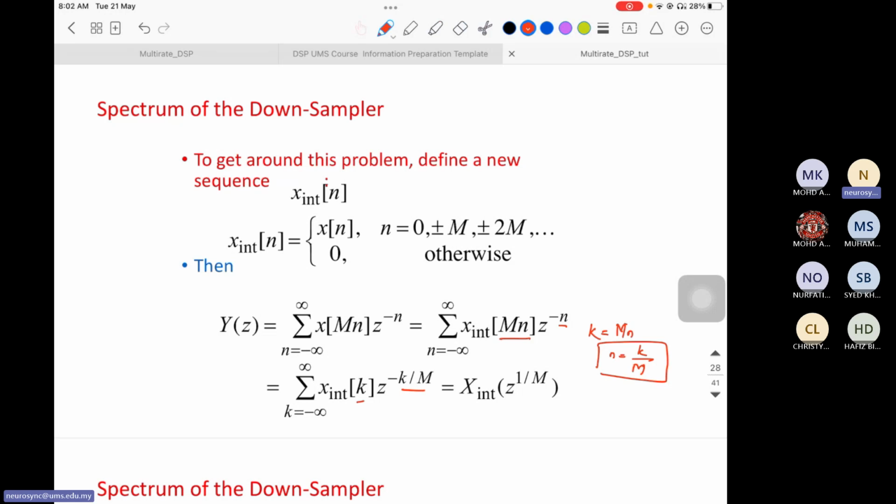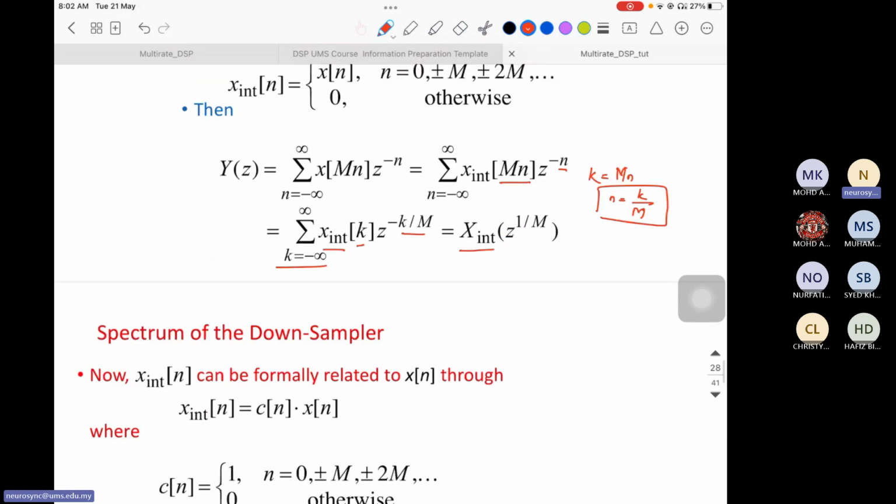So this is basically, now I can represent this in terms of X of z. So here x integer, therefore this is x integer of z to the power 1 by M. Correct? This is z to the power 1 by M. This is in terms of k, and this k will go from minus infinity to plus infinity.